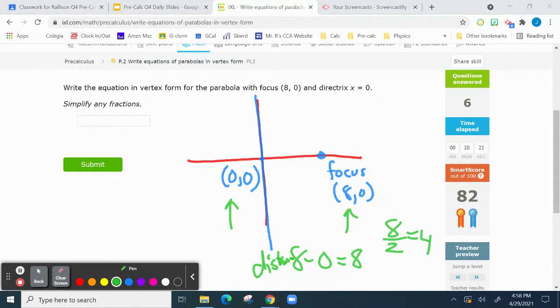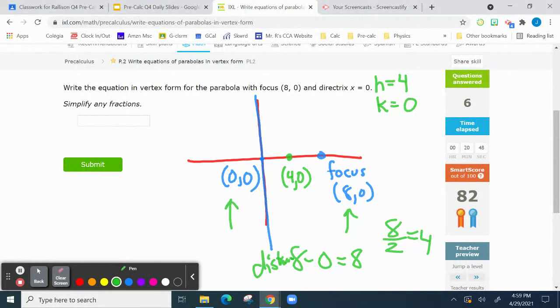So we're just going to go 1, 2, 3, 4 and put it right there. And 8 minus 4. So the vertex is 4, 0. So now we've got h equals 4, k equals 0.